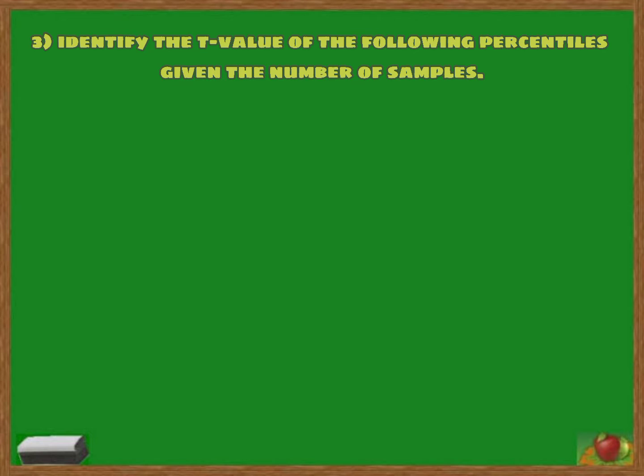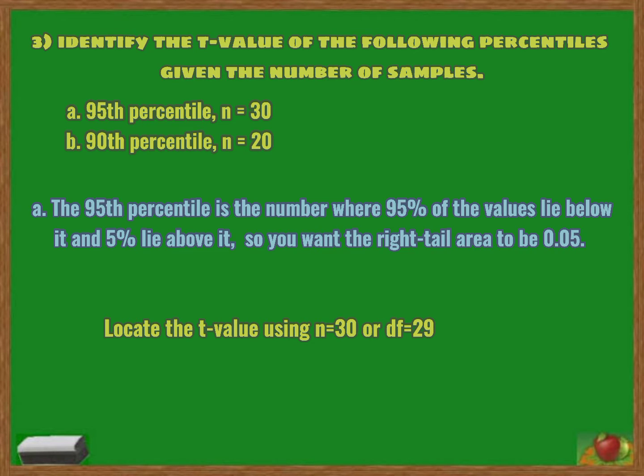And last, number 3. Identify the t-value of the following percentiles given the number of samples. Letter A, 95th percentile, n equals 30. Letter B, 90th percentile, n equals 20. Letter A, the 95th percentile is the number where 95% of the values lie below it and 5% lie above it.